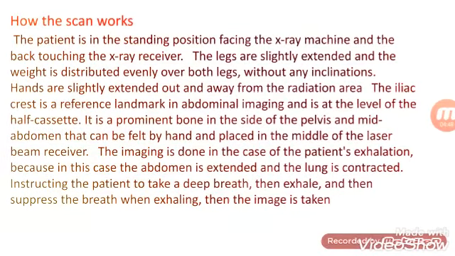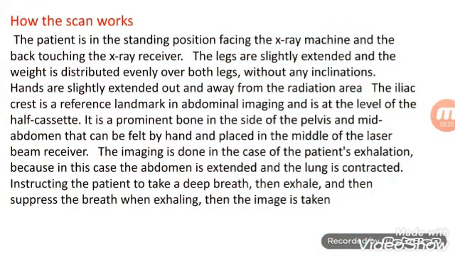How does this work? The patient is in the standing position facing the X-ray machine and the back touches the X-ray receiver. The legs are slightly apart and the weight is distributed evenly over both legs without any inclination. Hands are slightly extended out and away from the radiation area.